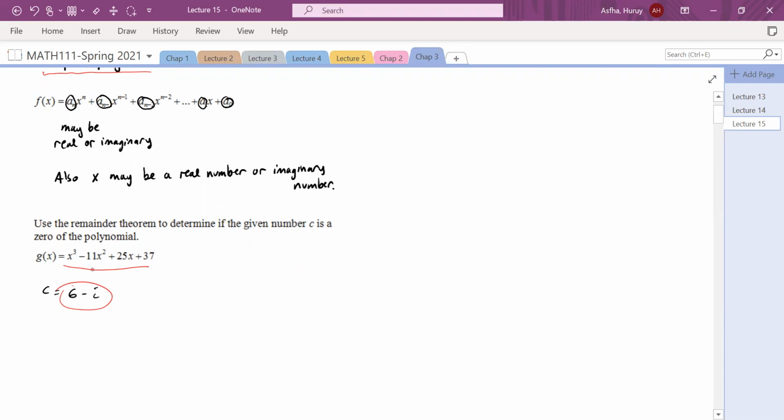So we will divide this by this factor, and if f of c is r, then that means it's a factor.